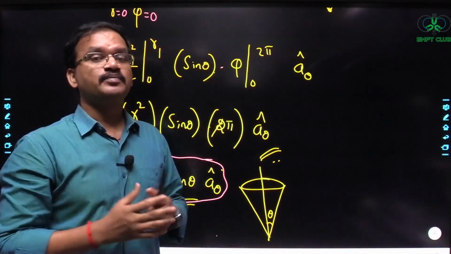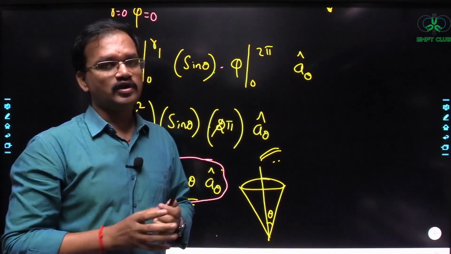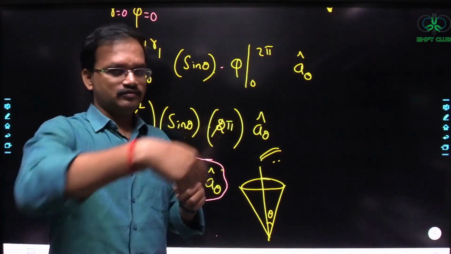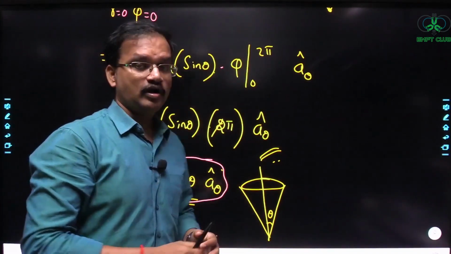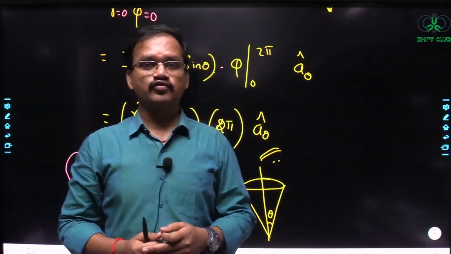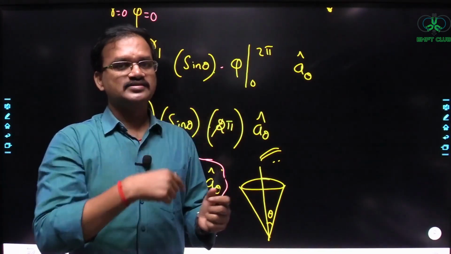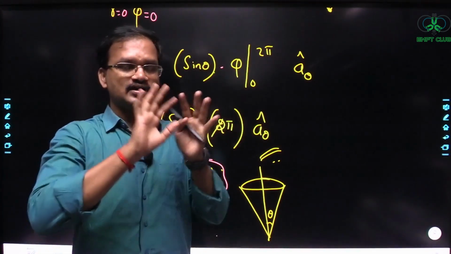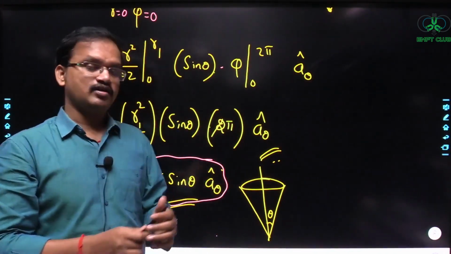Next, by varying only r and phi, we got the surface area of a cone. So these are the three surfaces we got in the spherical coordinate system: the surface area of a semicircle, the surface area of a sphere, and the surface area of a cone.